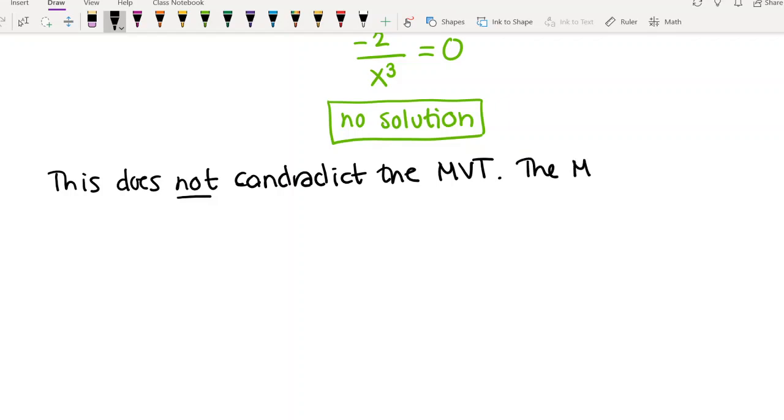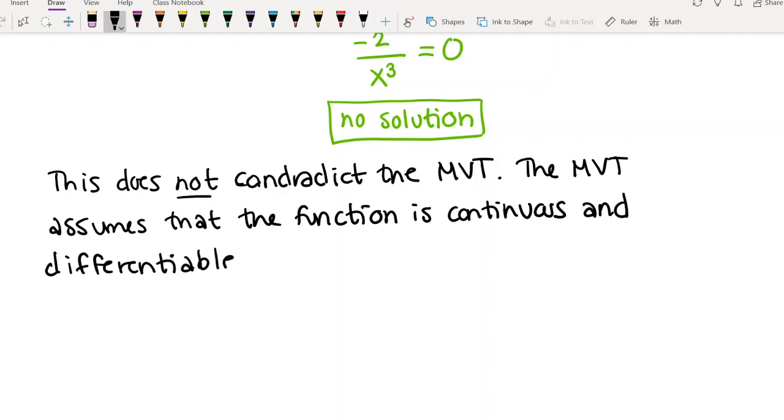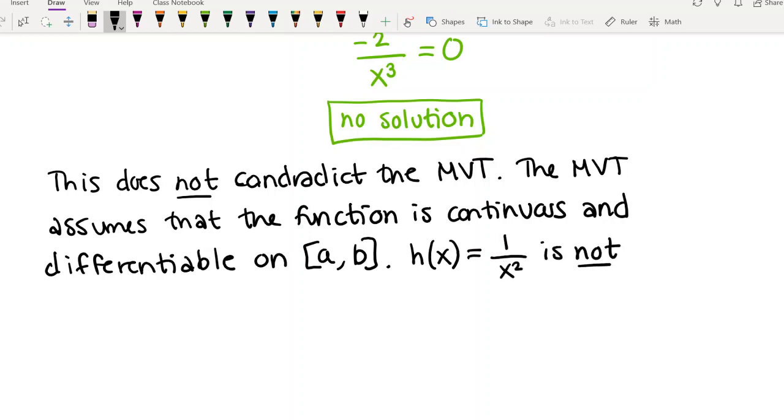The mean value theorem assumes that the function is continuous and differentiable on an interval AB. And what we saw is that h of x is equal to 1 over x squared is not continuous or differentiable on the interval from negative 1 to 1.